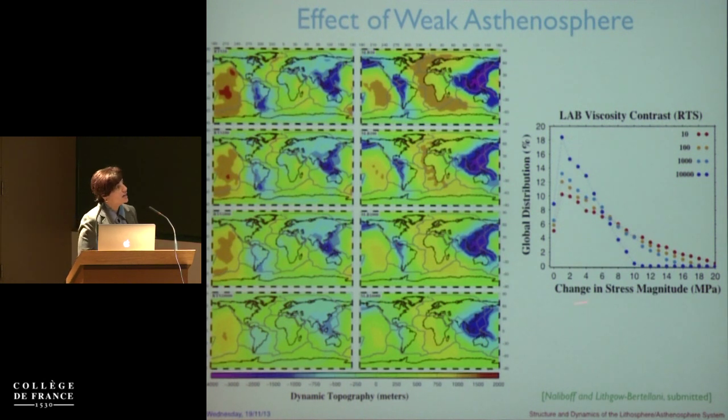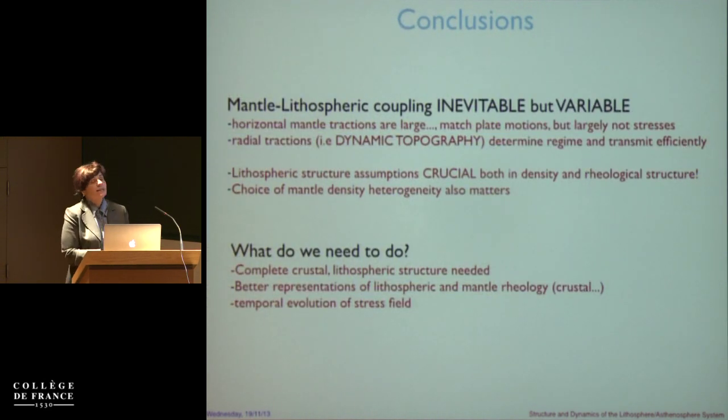And this is illustrated here by the fact that the change in stress magnitude in terms of the proportion of the model that it covers barely changes at all until you get to 4 orders of magnitude weaker asthenosphere. So the conclusion from that is that the mantle flow, or basically the mantle and lithosphere, are inevitably coupled.